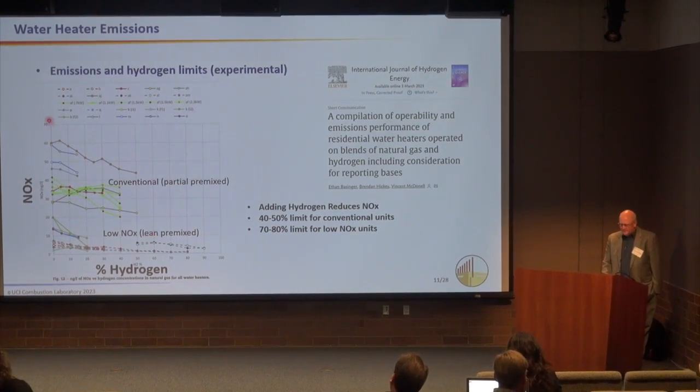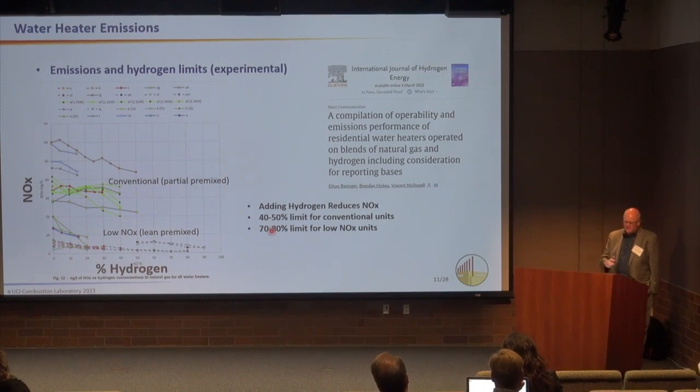And the message is that as we increase hydrogen, the NOx decreases, the NOx goes down. And that's to do with the fact that hydrogen needs less air to react than natural gas. So when we operate with hydrogen, we're actually operating at leaner mixtures, which allows us to go to lower temperatures, which reduces the NOx.